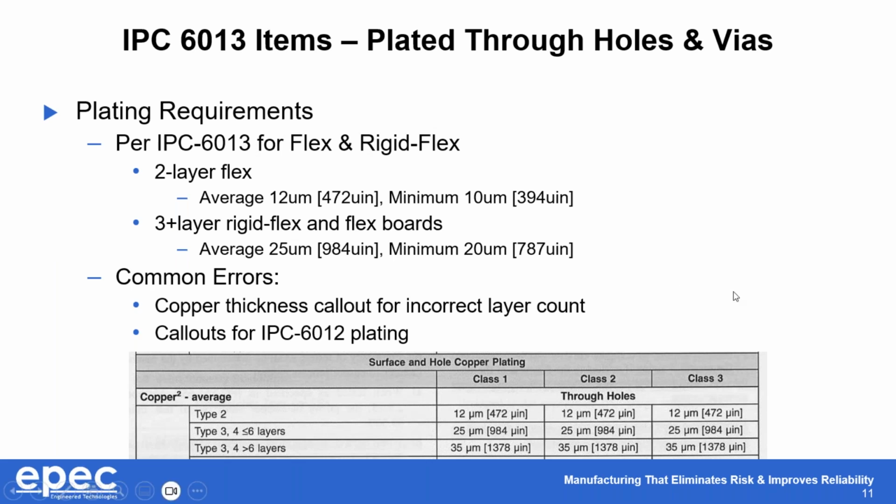So here at the bottom, you can see the IPC 6013 plating guide, and we can see where it dictates type 2, a double layer, and then types 3 and 4, which are multi-layer flex and rigid flex, and how the plating goes up going from type 2 to types 3 and 4.